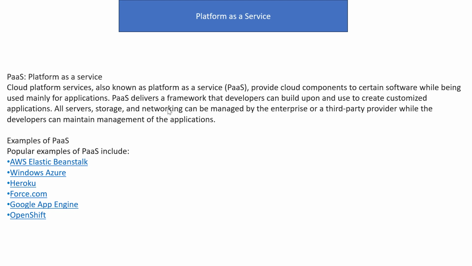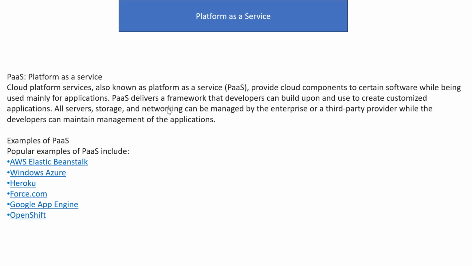HANA provides you the database, which is its core product, and along with the database, they also provide the development platform on which you can develop applications as per your requirement. Understood? This is what developers generally use, the platform as a service.